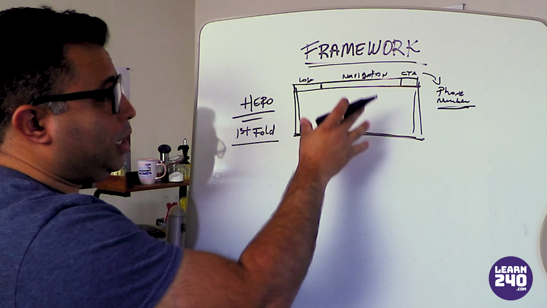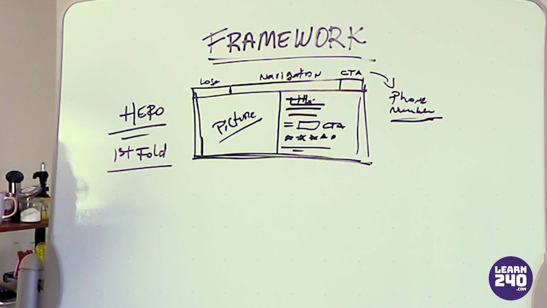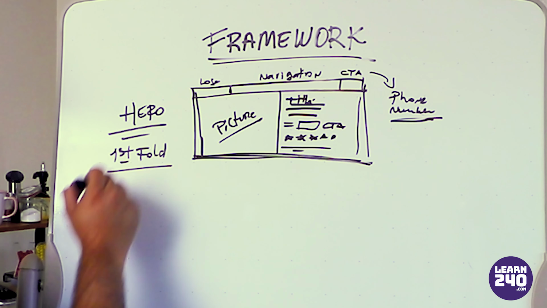I can add some text here, a title, some stars, another CTA, then some more text, a big title, and that's it. So this is going to be my first fold.